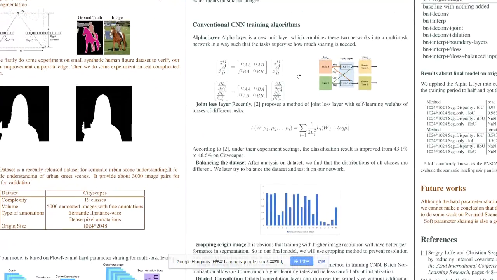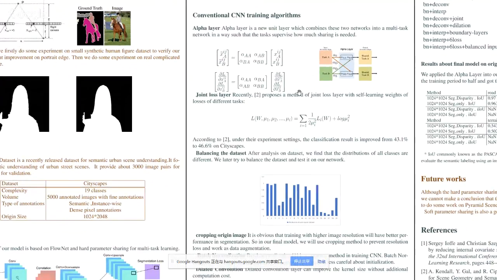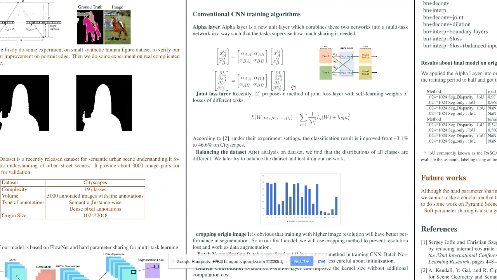As in the picture on the right side, we input the left and the right features and take a linear combination to get the output. The parameter alpha can be calculated automatically by backpropagation and updated by the network itself.